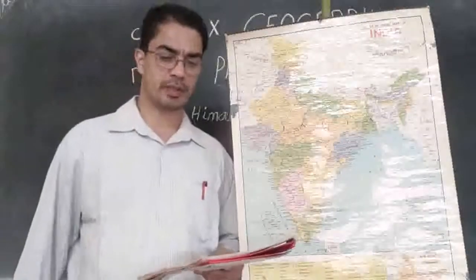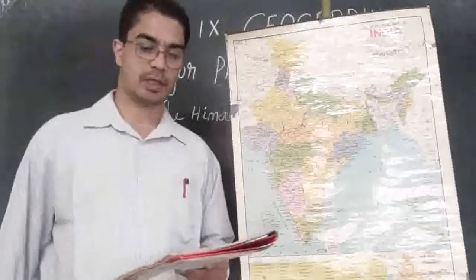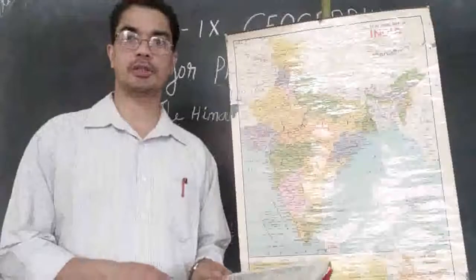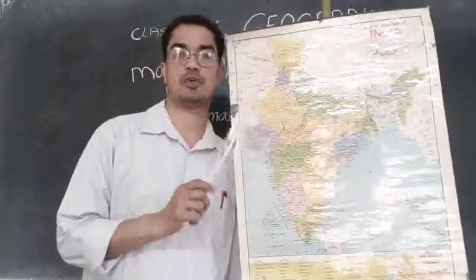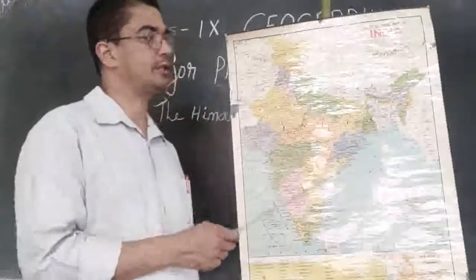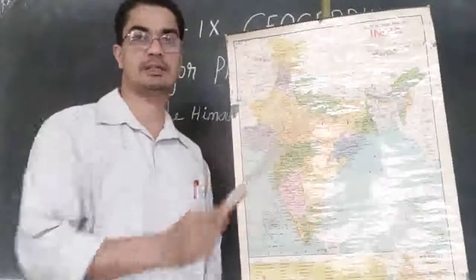The altitudinal variations are greater in the eastern half than those in the western half. So the altitude, the height. We said in that mountain there are so many peaks. So the height you will find more in the east, and in the west it is less.